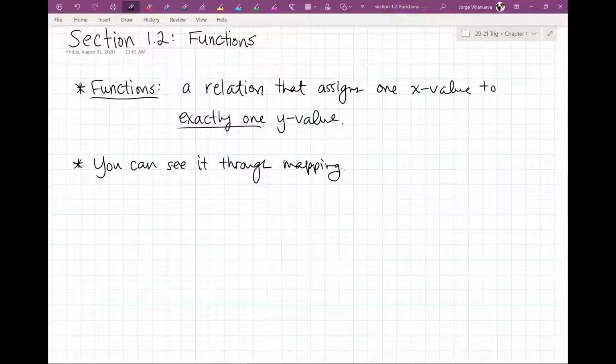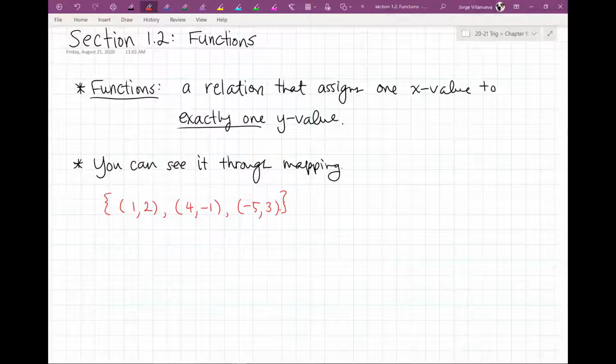So a mapping is like this. If I give you some points, let's say 1, 2, 4, -1, and -5, 3, and I ask you, is this a function?